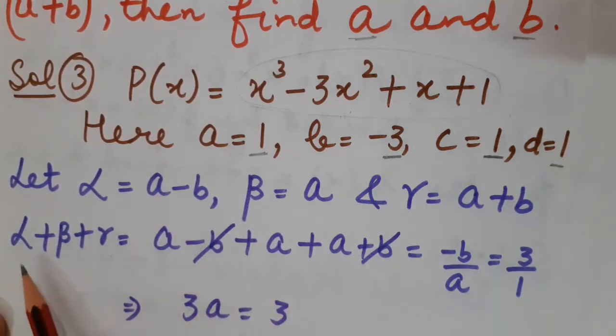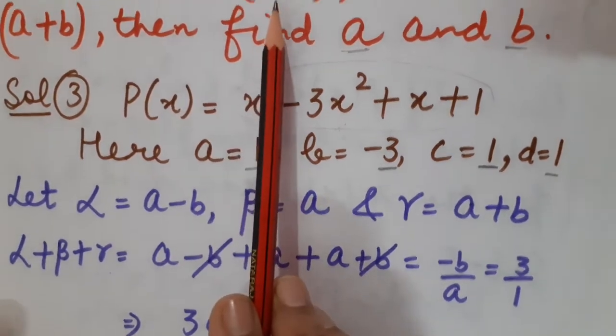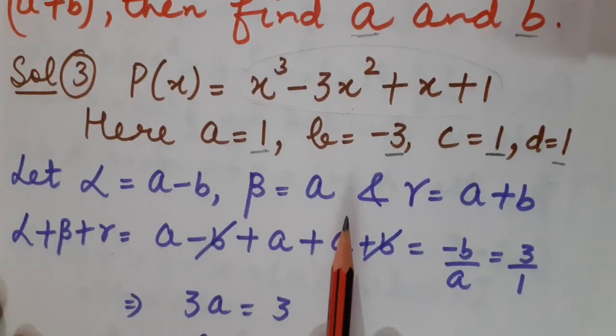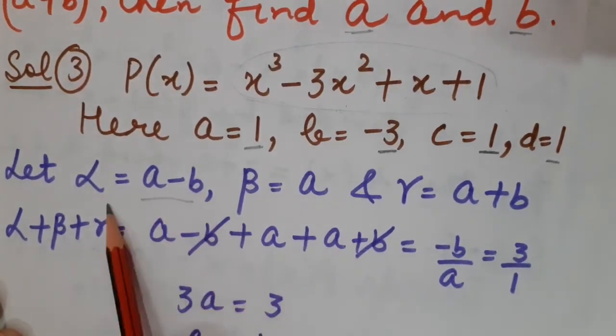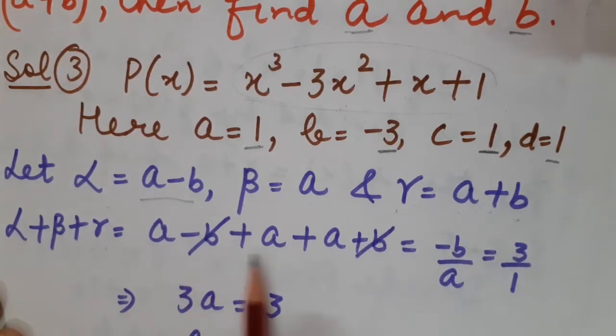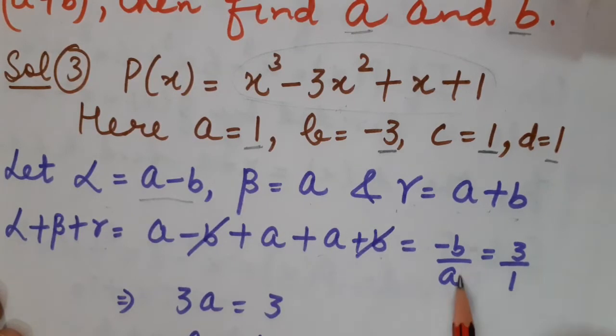Fine. So here I am going to calculate the sum of the zeros. Here the zeros given were a minus b, a and a plus b. So I have considered, let the first zero be alpha, another be beta and the third one be gamma. So adding them, you know alpha plus beta plus gamma for a cubic polynomial is minus b by a.